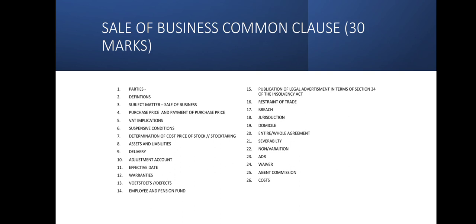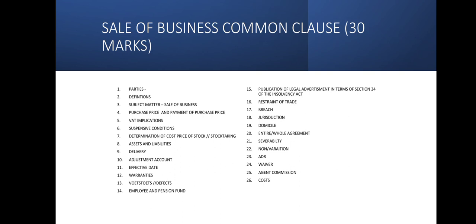So describing that, you'd then move on to describe the subject matter of the sale. In this case, the subject matter would be a restaurant located at the premises. It would be the selling of a business as a going concern, comprising of the following assets: the goodwill of the business, the fixed assets, and all stock on the premises at close of business on the day before the effective date.